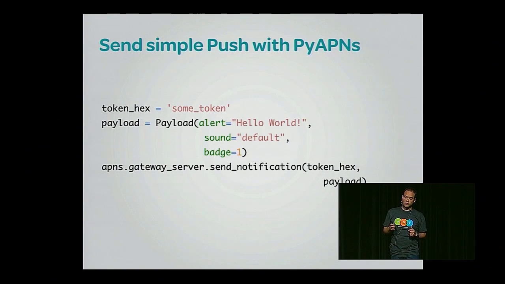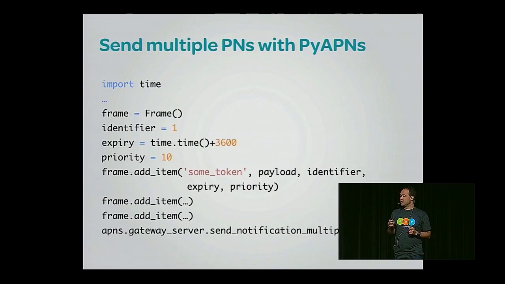I can also, and this is a really cool thing on PyAPNS, send multiple push notifications at the same time, taking advantage of a connection that's already established. For that, PyAPNS uses something that's called a frame. So all I have to do is add items to my frame, and each item is going to be a message. So each item has the exact same components as a normal message.